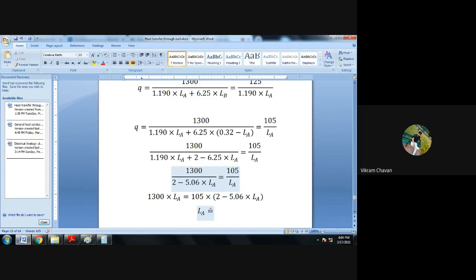Okay, someone has mentioned the values. L suffix A is equal to 114.5 mm. Whether it is right, please let me know.